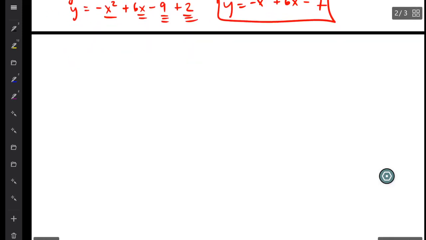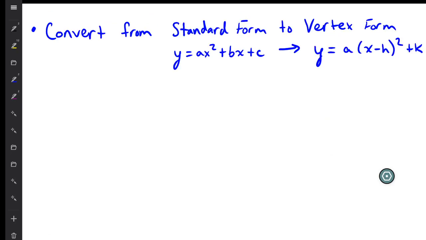Next up, we're going to do standard to vertex. And this one is a little bit trickier. So basically, we want to, on this one, factor. But if you look at it, it's not all factored, and it's a perfect square factor. Right? And that a is still outside. So, here, step 1 is going to be to factor out our a.